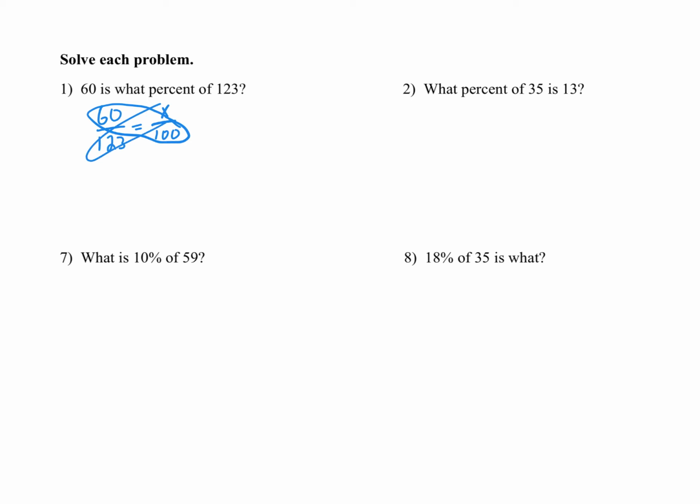So I'm going to say 6000 is equal to 123x. Divide by 123. And I get that x is equal to 48.78. And we'll put that as a percent because it said what percent.